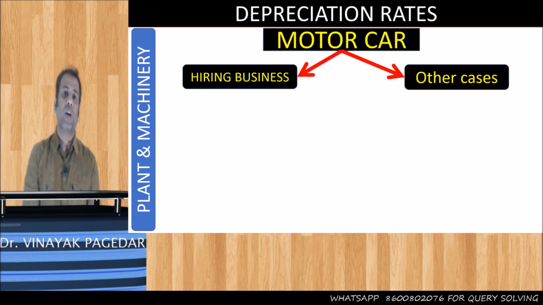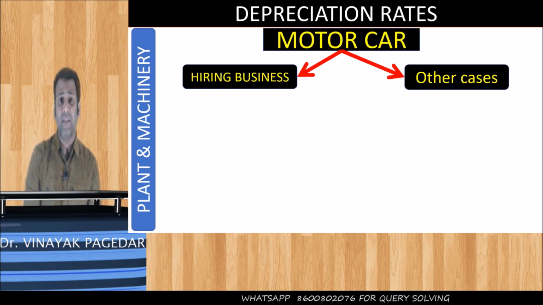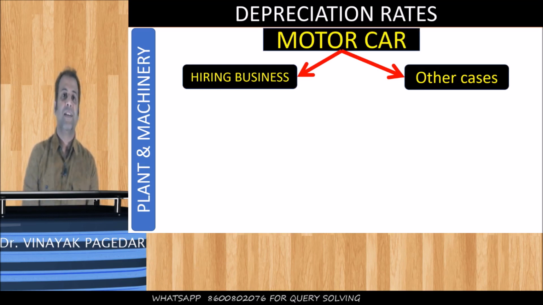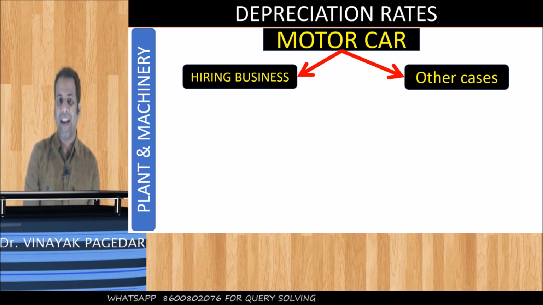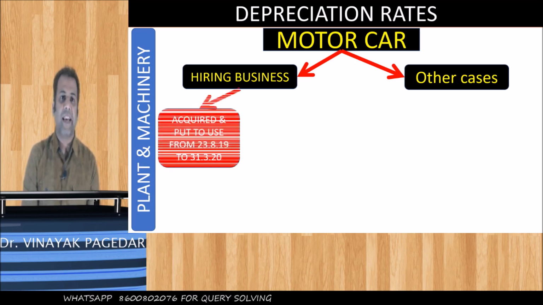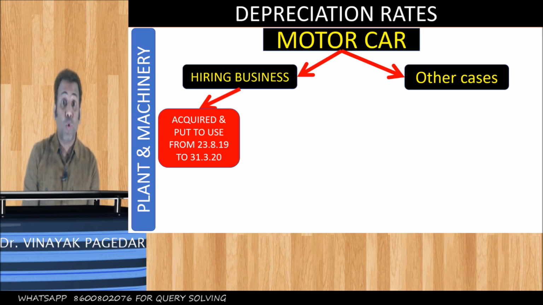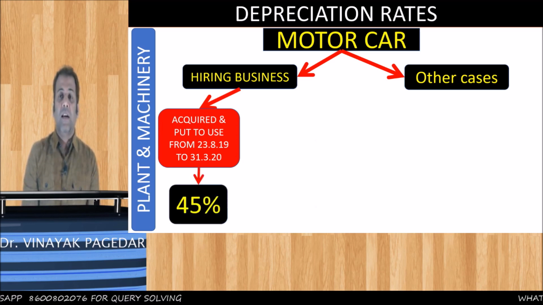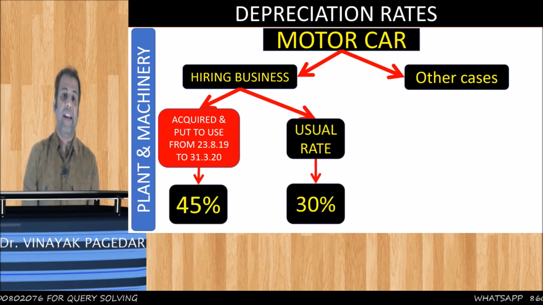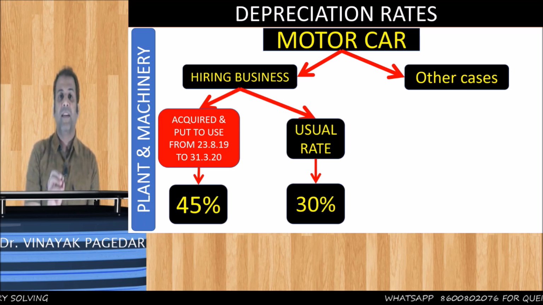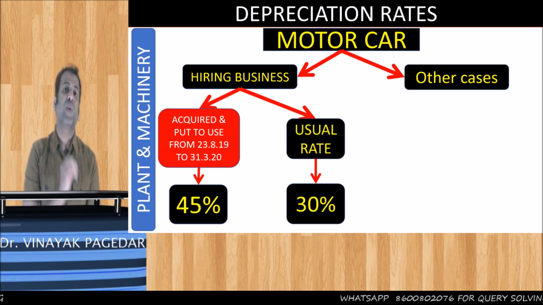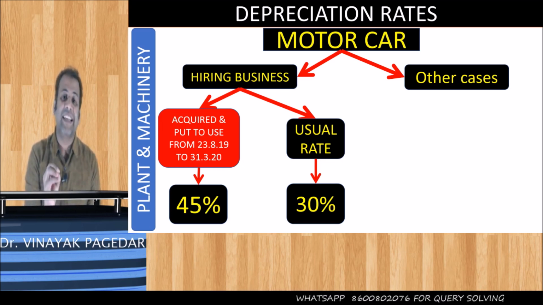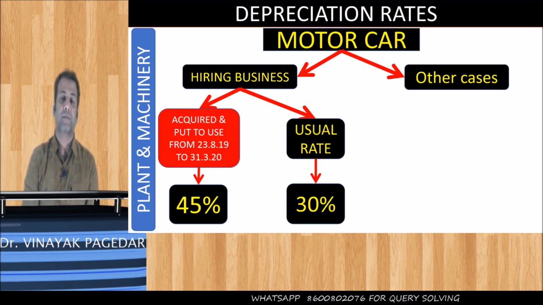Now, if the motor car is used in a hiring business, that is, if you have the business of running motor cars on hire, something like Ola, Uber, your Zoom car and all these, here the usual rate is 30%. Normally these motor cars used for the hiring business are depreciated at 30%.